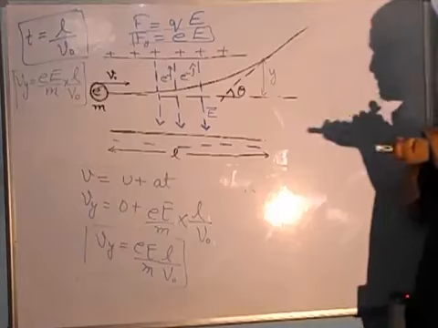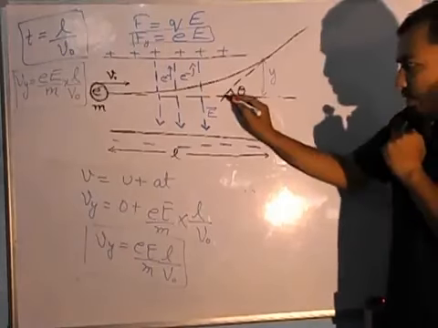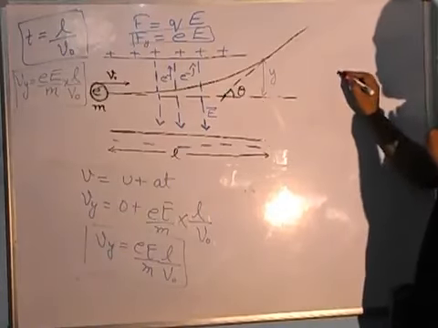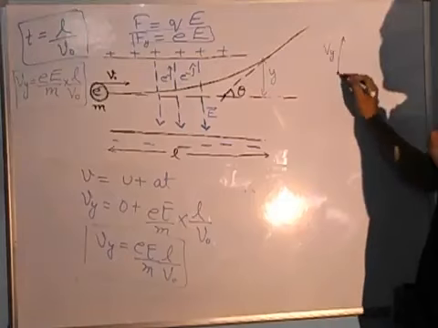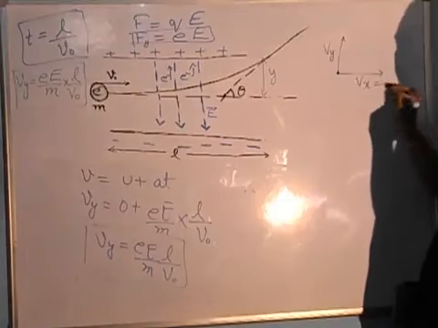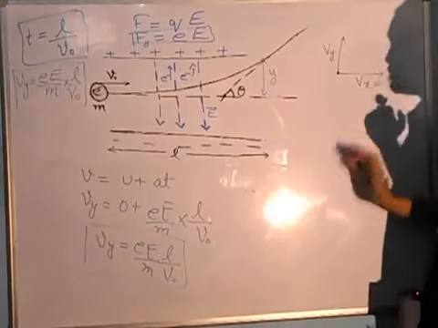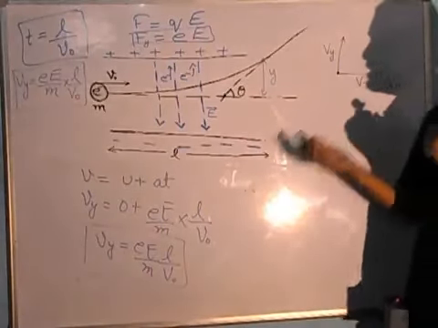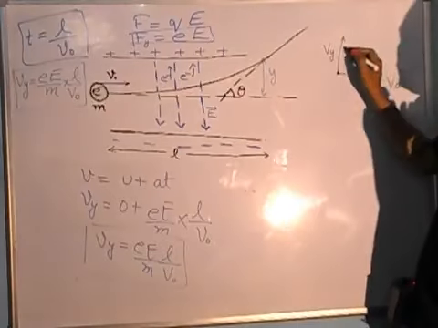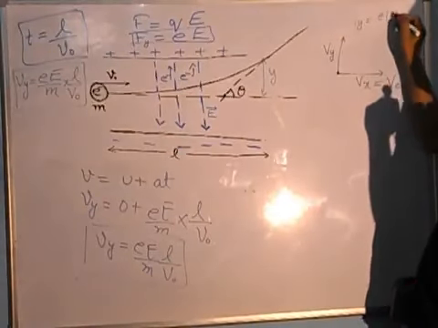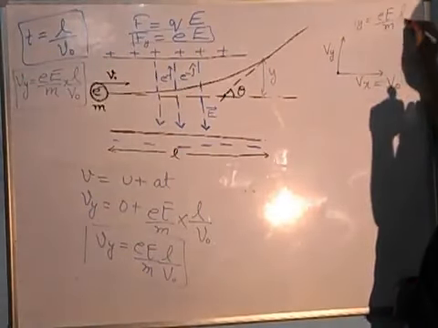At this particular point, the electron has two components of velocity, one in the y direction and one in the x direction. In the x direction, the velocity is constant because there is no acceleration along the x direction. But along the y direction, the velocity has increased and it has become E divided by m multiplied by L by V0.